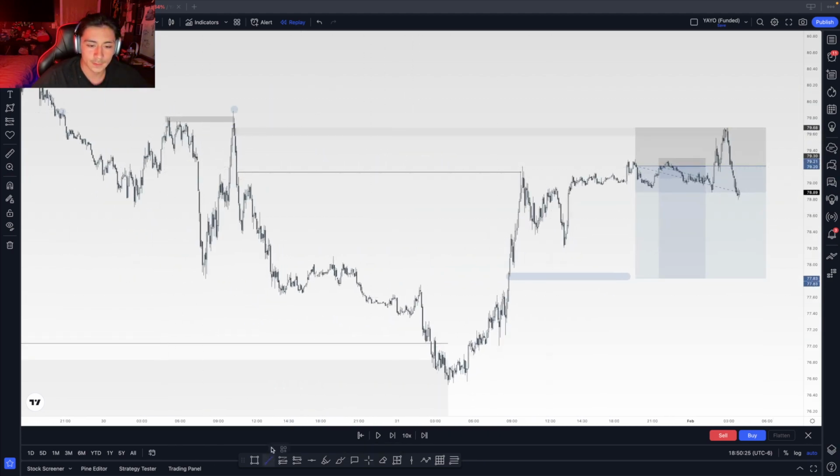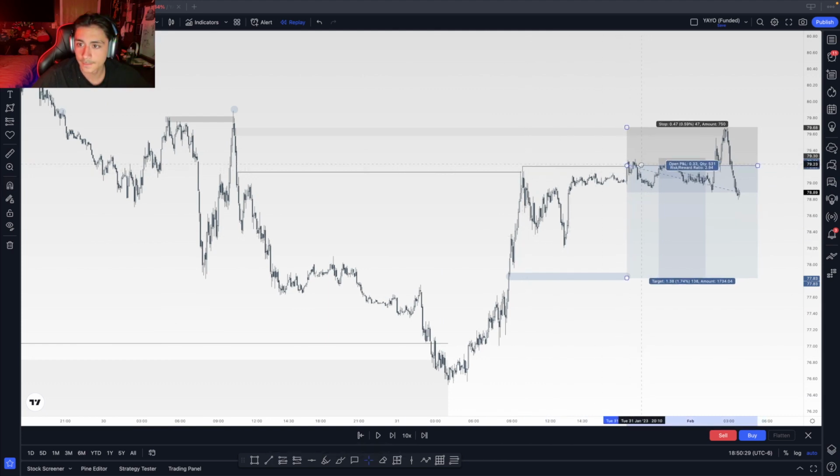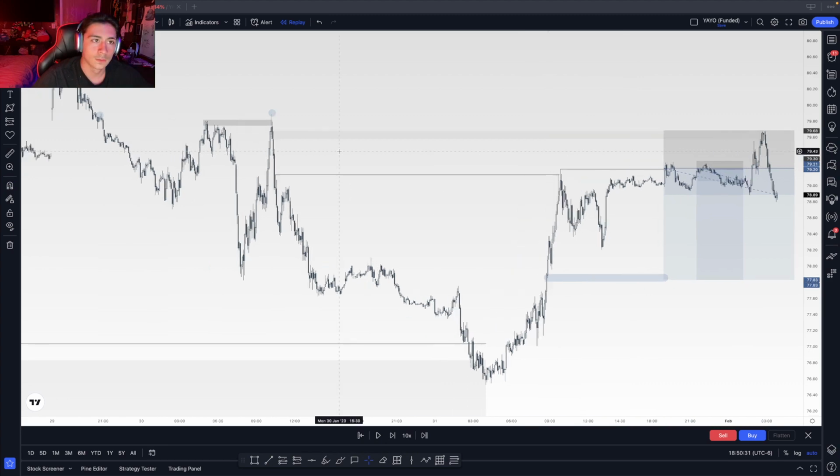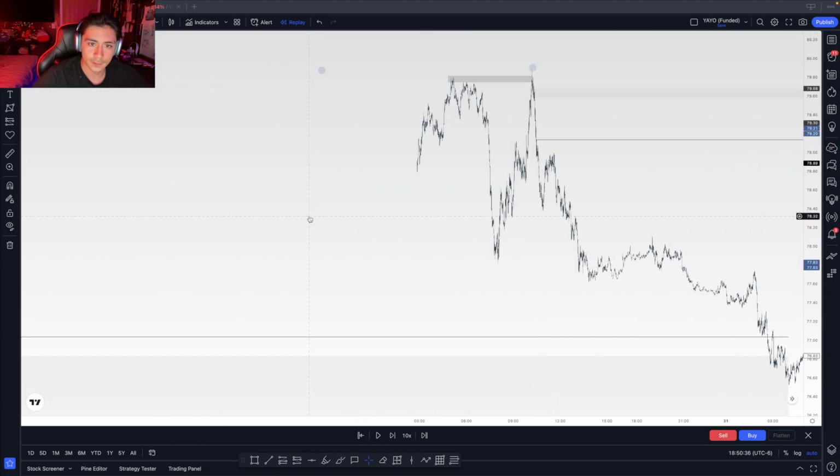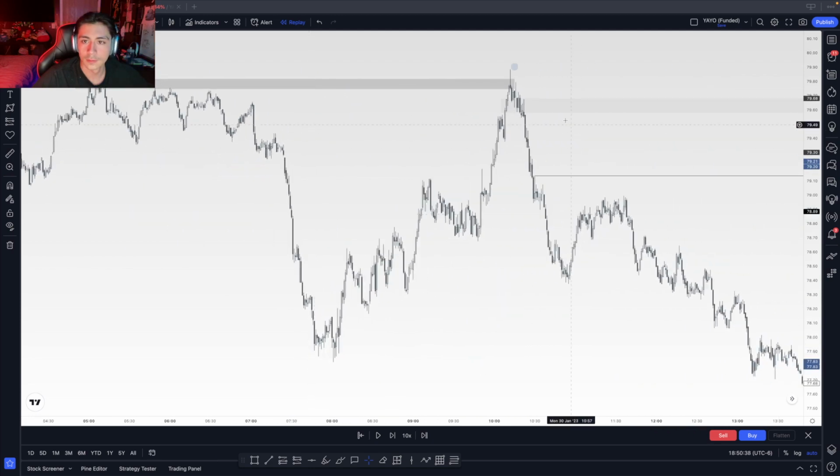And then this original entry is based off of the liquidation of that high. So the reason why we went to the summit is because there's order flow lying there.